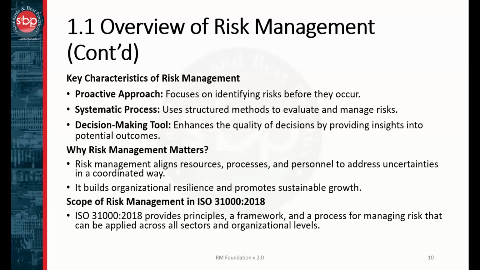And then we have the decision-making tool, which helps us to make right decisions. It helps us make decisions that would positively affect our organization. We ensure that we have the right things in place, the right information, for analyzing and managing our risk.